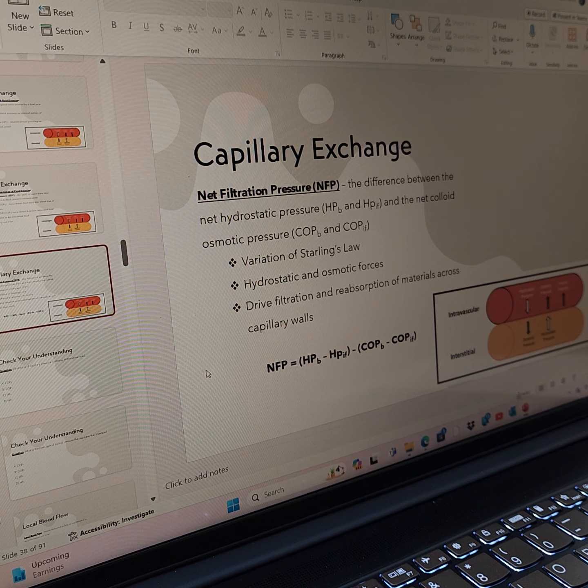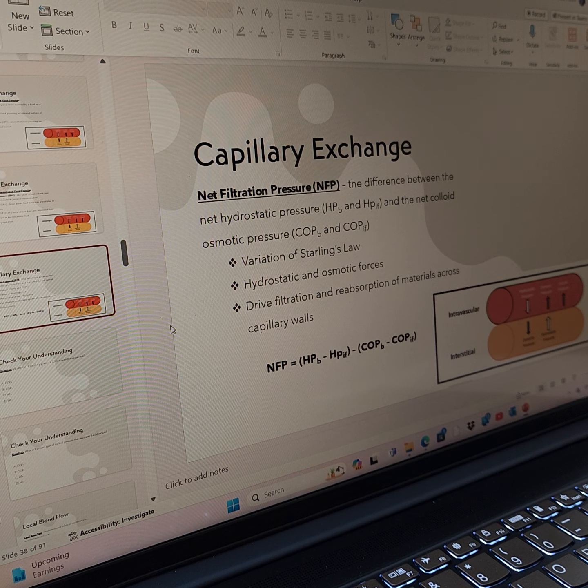So for capillary exchange, net filtration pressure is the other thing that's going to come up. It is the difference between the net hydrostatic pressure, HPB and HPIF, and the net colloid osmotic pressure, COPB and COPIF. This is also the variation of Starling's law. Hydrostatic and osmotic forces drive filtration and reabsorption of materials across the capillary walls.